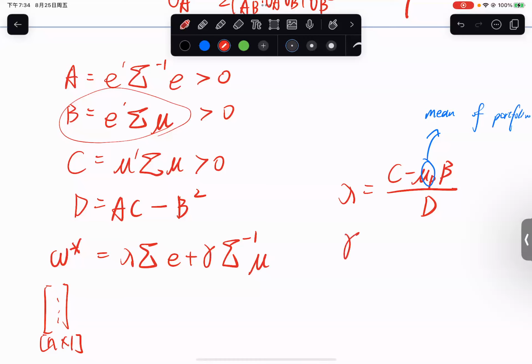And we also have the gamma, which is, again, (mu_P A minus B) over D.